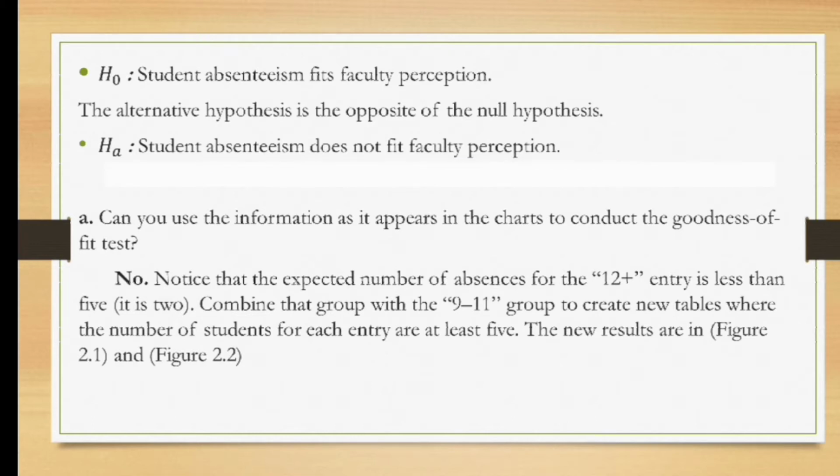So question, can we use the information as it appears in the charts to conduct the goodness of fit test? The answer is no. Notice that the expected number of absences for the 12 plus entry is less than 5. So let's go back.